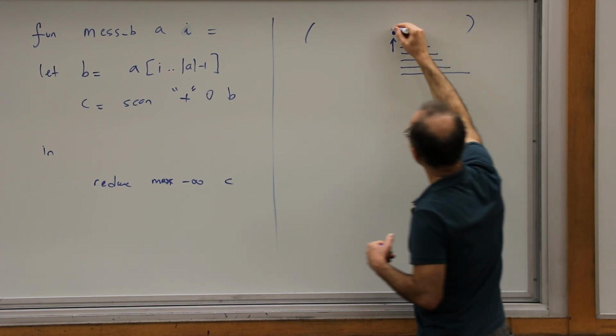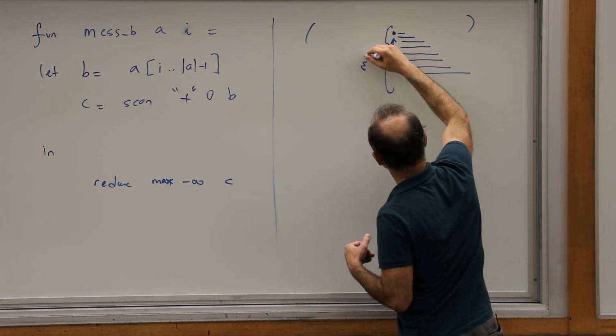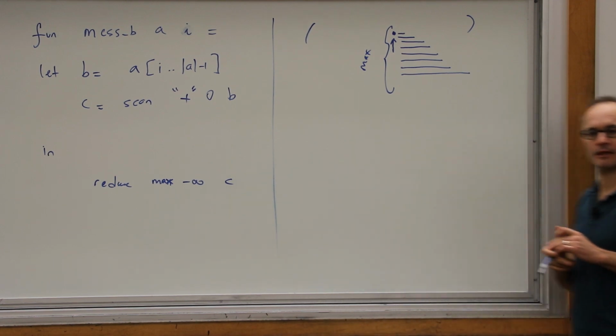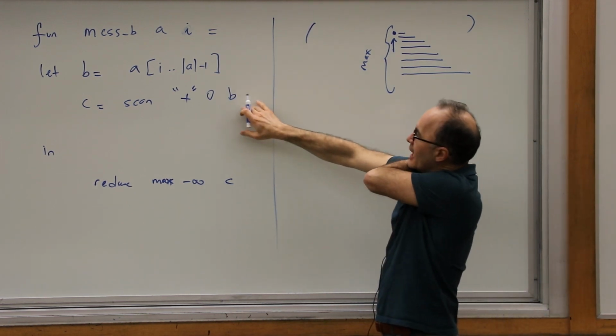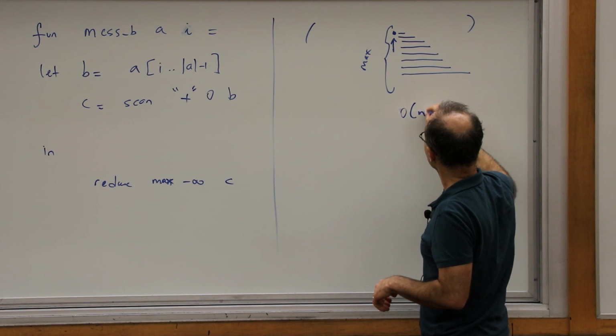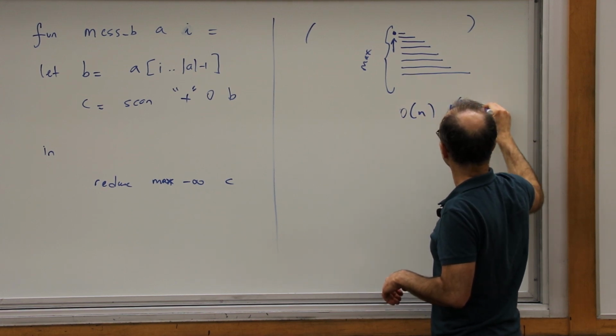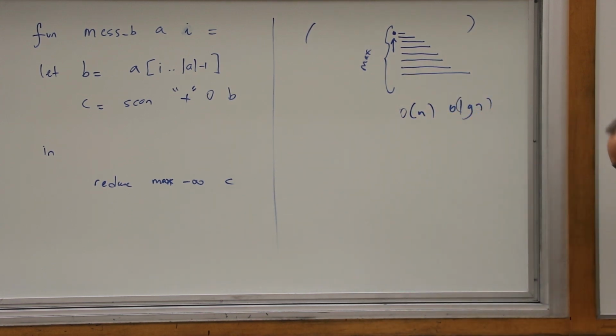And then they're taking max over those. Is it clear? So what's the work? The scan is going to give us order n work and order log n span. And the reduce is going to give us order n, order log n. So we got it. Okay?